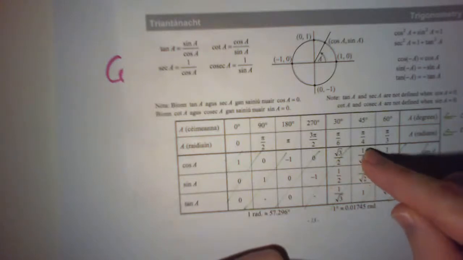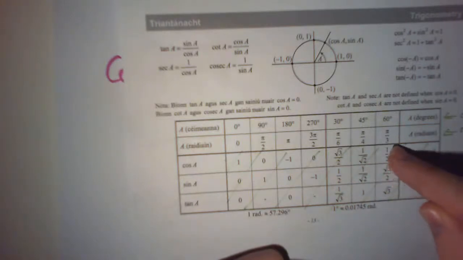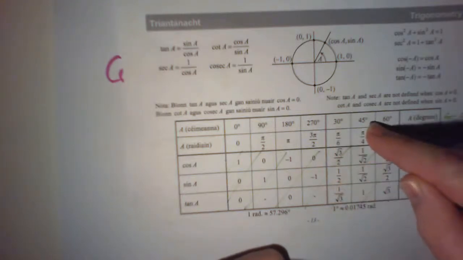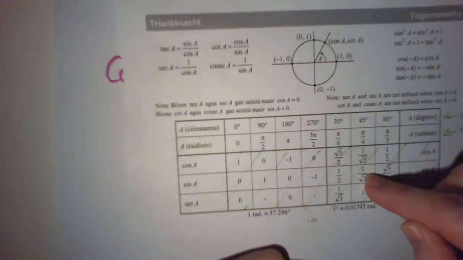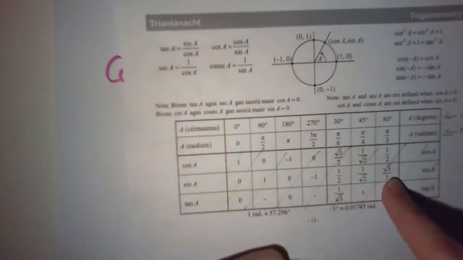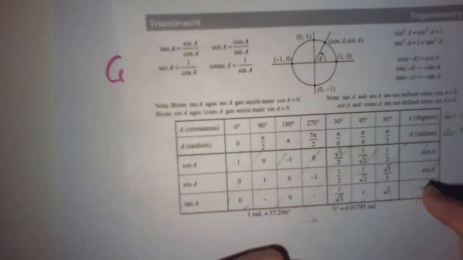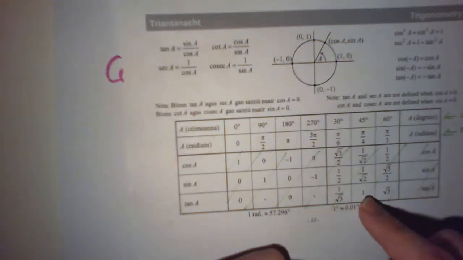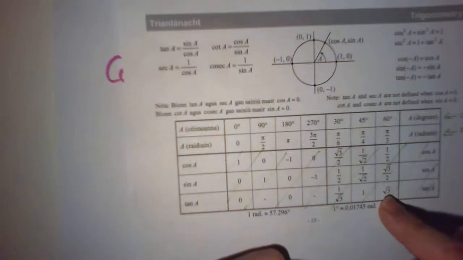The cos of 45 is 1 over root 2. The cos of 60 is a half. The sine of 30 is a half. The sine of 45 is 1 over root 2. And you can see what's happening here, they're actually just the opposites. And the sine of 60 degrees is root 3 over 2. And then similarly, tan of 30 is 1 over root 3. Tan of 45 is 1. Tan of 60 is root 3.